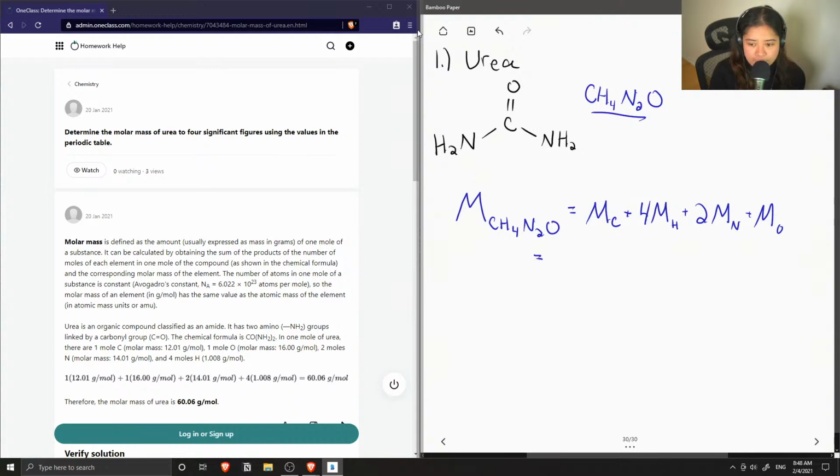These values can be found on your periodic table. Carbon's molar mass is 12.01 grams per mole, and hydrogen's molar mass is 1.01 grams per mole.